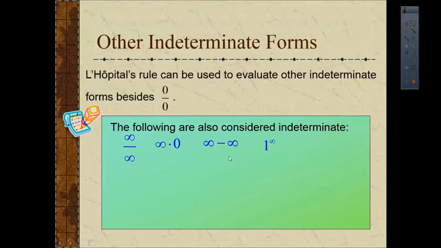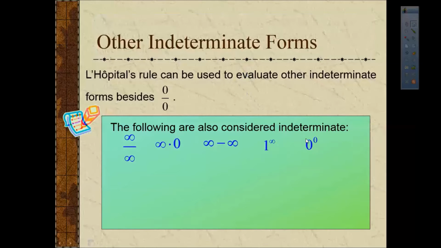Three more indeterminate forms that we'll look at: 1 to the infinity. So remember, this is a function whose limit goes to 1, and another function in the exponent whose limit goes to infinity. We could run into the indeterminate form 0 to the 0.